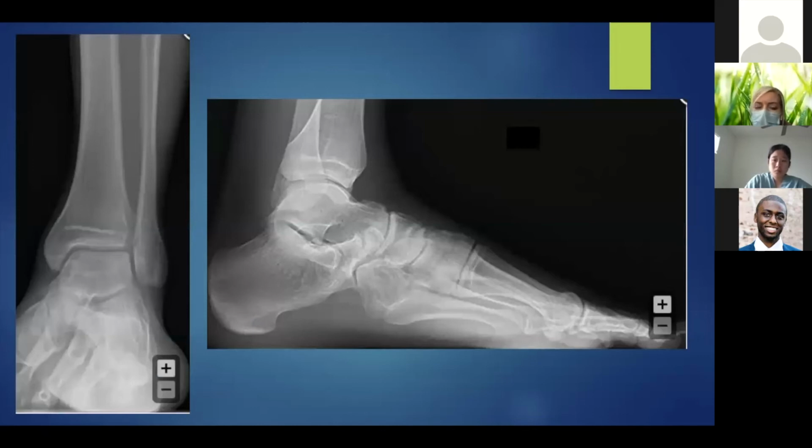Right. And so thinking about that, going back to your x-rays, do you notice anything else abnormal? Let's see. I know it's a little tricky. It may be hard to see, but if you look here, this looks a little long.